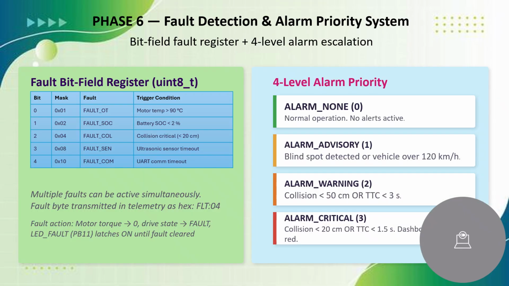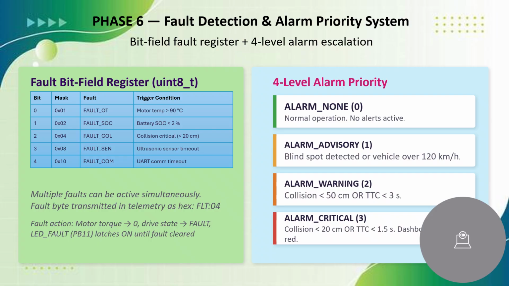When we come to slide number 7, phase number 6: fault detection and alarm priority. In this, we have to put the fault conditions on the basis of trigger conditions. When the motor temperature is greater than 90 degrees Celsius, fault OT; battery SOC less than 2%, fault SOC; collision critical less than 20 centimeter, fault underscore COL; fault underscore SEN, ultrasonic sensor timeout; and fault underscore COM, UART communication timeout.